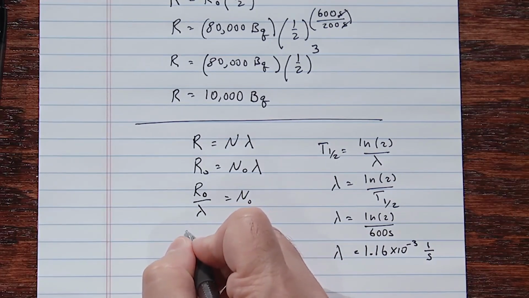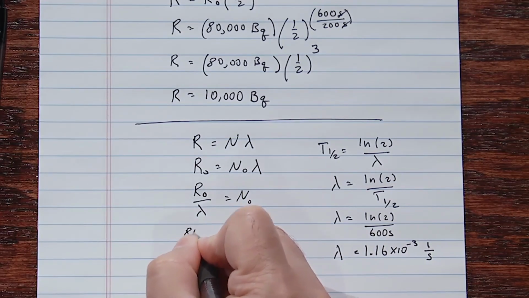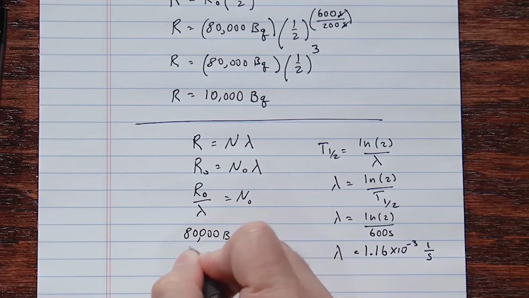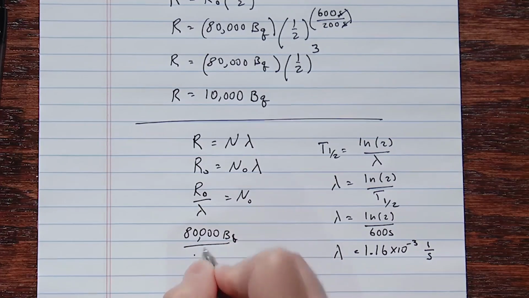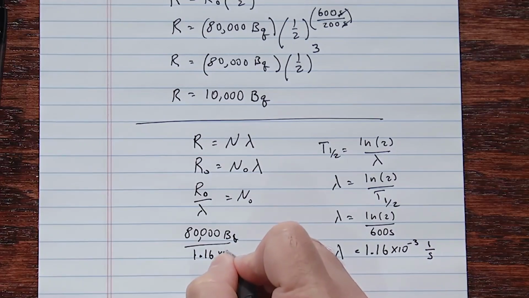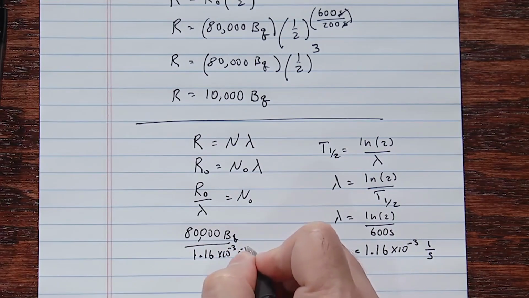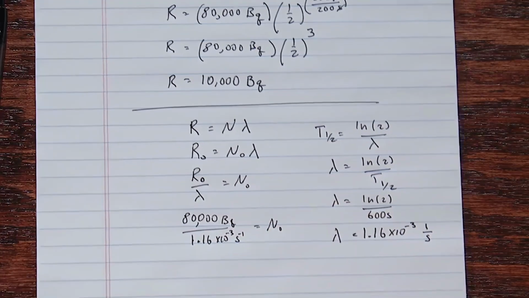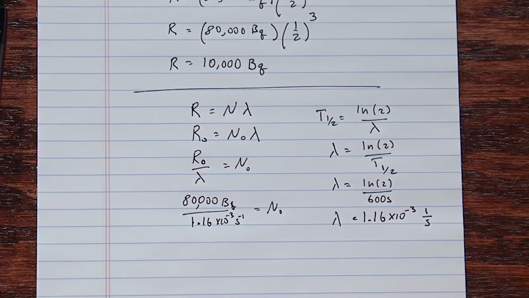Okay, so radioactivity 0 of 80,000 becquerels divided by a decay constant of 1.16 times 10 to the minus 3 decays per second is equal to the number of atoms initially present. And so that would be 80,000 divided by 1.16 times 10 to the minus 3.